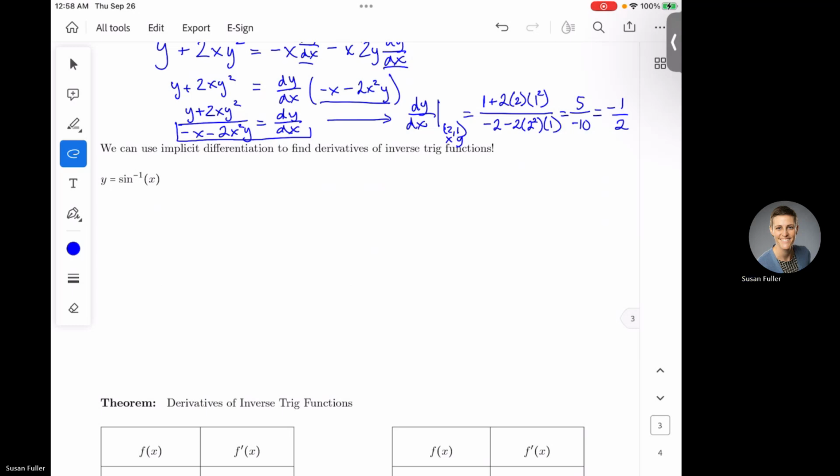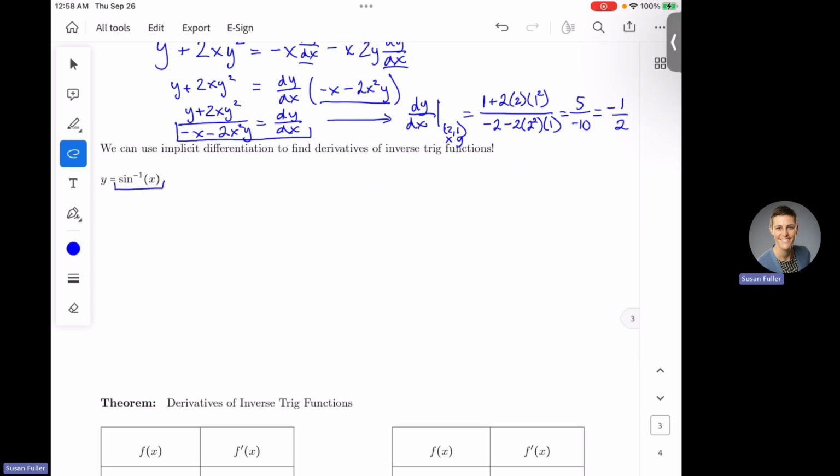So implicit differentiation lets us find the derivatives of inverse trig functions. Just to remind you, inverse sine of x does not mean the reciprocal function of sine. This is not 1 over sine. That's cosecant. This is the inverse function of sine.